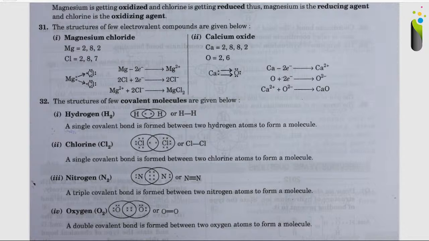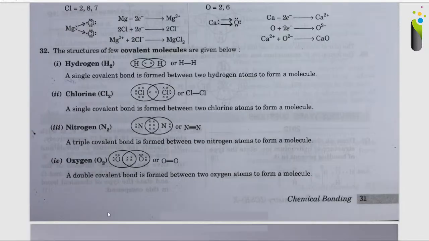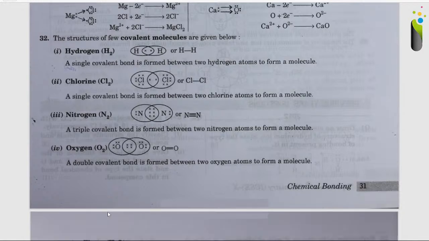Coming to the next, the structures of a few covalent molecules are given. First is hydrogen. You can see that it has a single covalent bond. So we write it as H-H. A single covalent bond is formed between 2 hydrogen atoms to form a molecule. Then we have chlorine, Cl2.